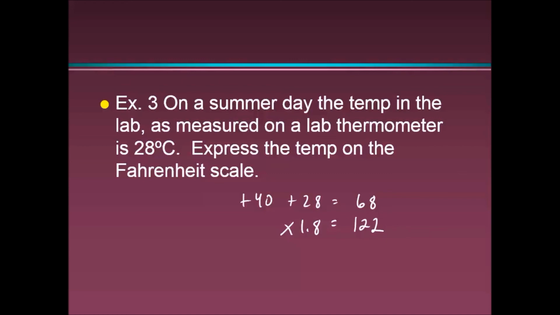Okay, so what do we do now with decimals and stuff? Significant digits. Here's the rule for temperature. However many decimal places they give it to you, give it back to them in the same number of decimal places. So we don't have any decimal places, forget about the 122 point anything. Round up or down, it's 122.